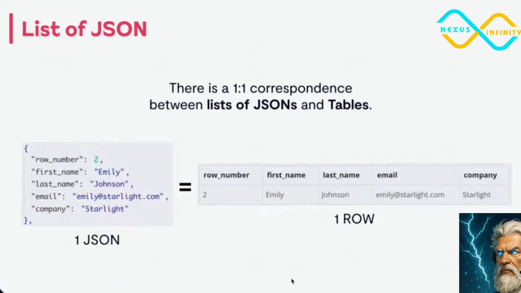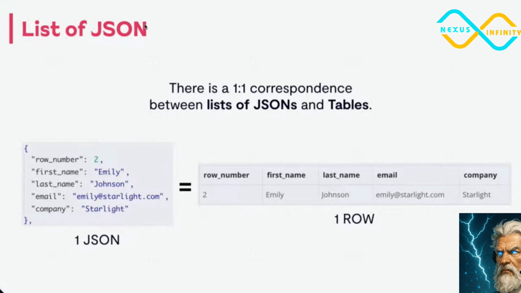There is a very interesting correspondence between JSONs and tables, where we can tell that one JSON is equivalent to one row, with the keys being the headers of those rows. This might remind you a little bit of the JSON and table view that we saw in the previous video on N8N nodes.